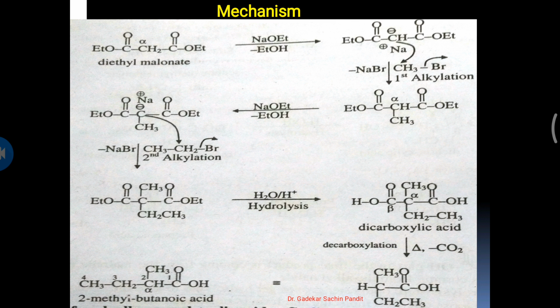Then again this alkylated ester reacts with another sodium ethoxide to form an enolate, and this enolate reacts with a second alkyl halide to form the second alkylation. And then hydrolysis forms a dicarboxylic acid, and then heat forms 2-methyl butanoic acid.